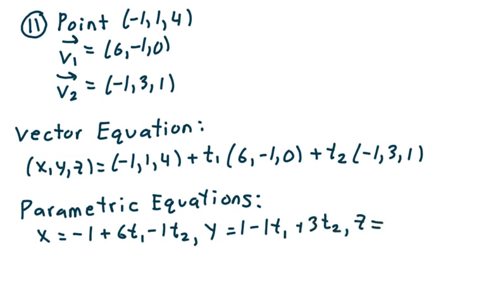And z is 4 plus 0t1 plus 1t2. Again, totally fine if you want to say z is equal to 4 plus t2. That completely works.